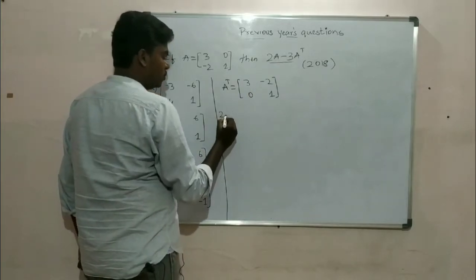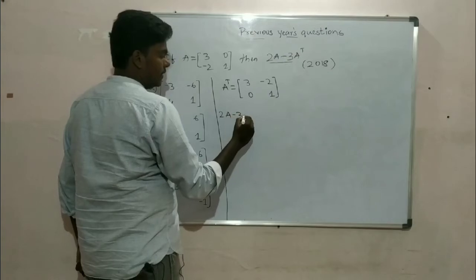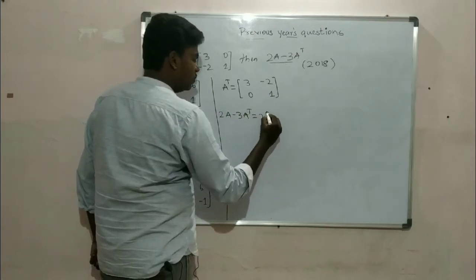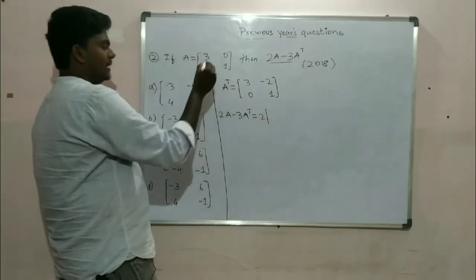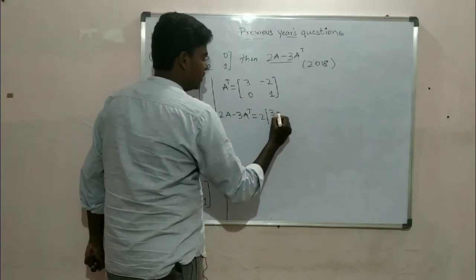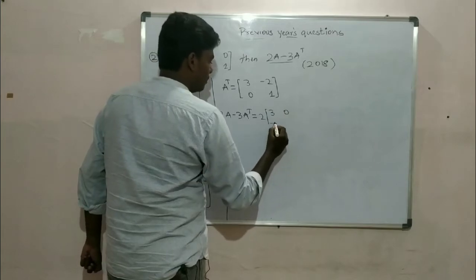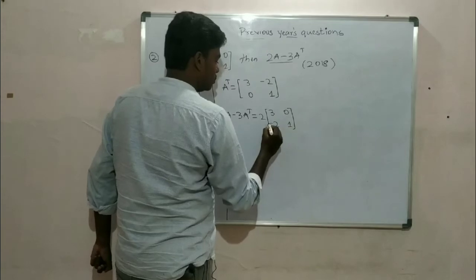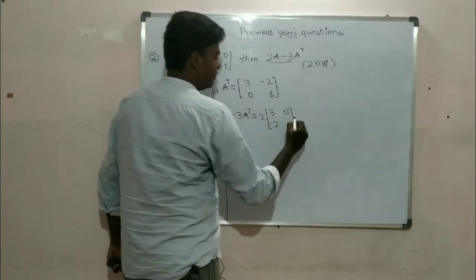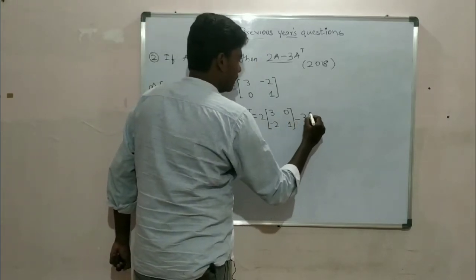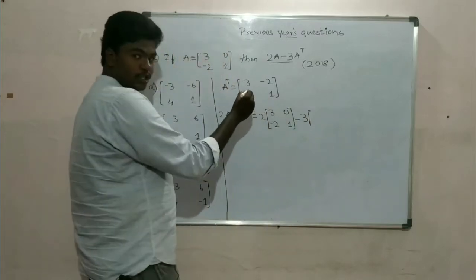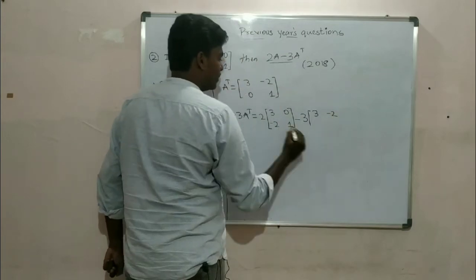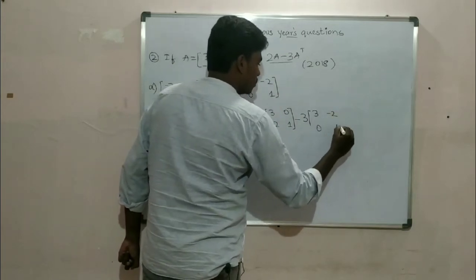Write 2 as it is, then write the A matrix here: 3, 0, minus 2, 1. Minus 3, and we have A transpose here: 3, minus 2, 0, 1.